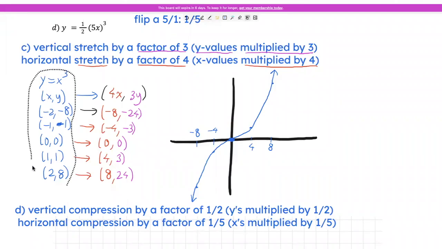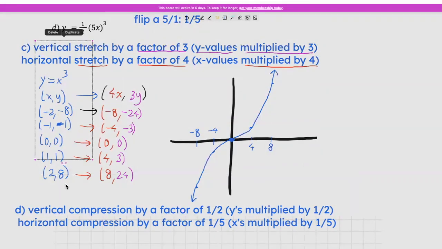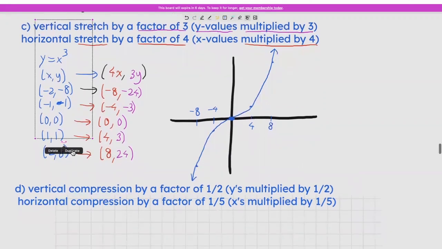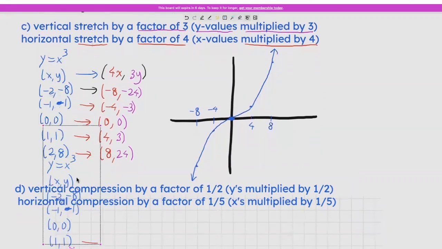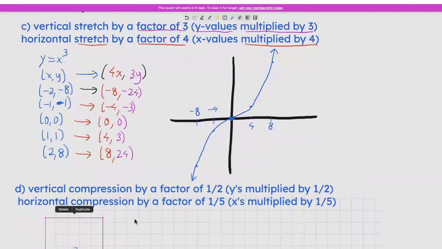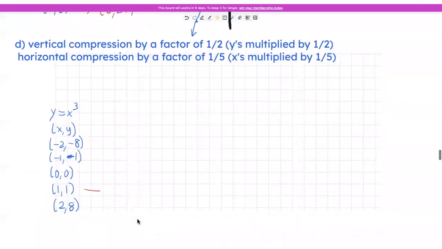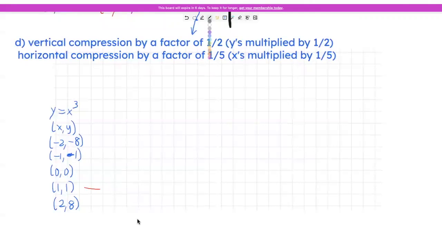These haven't changed. I'm still transforming the x cubed function. So I still use those points, but I'm going to be using a new mapping rule to get my new points. It says vertical compression by a factor of 1/2.